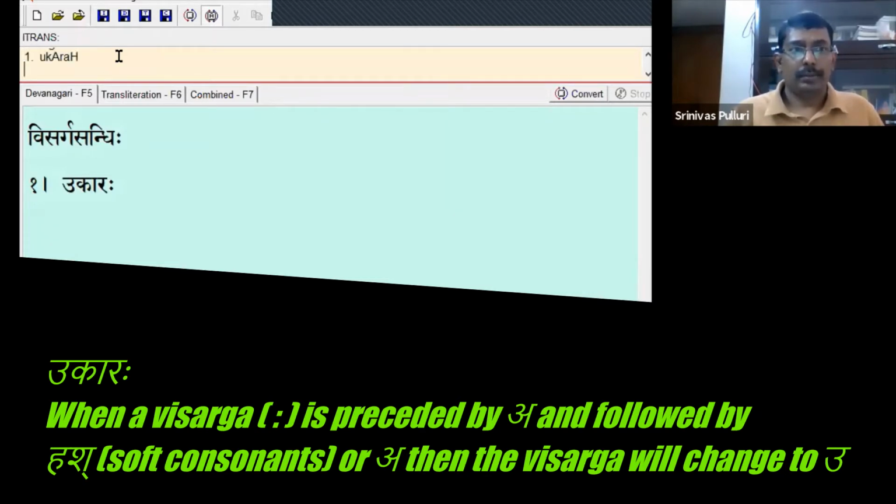What does it mean? In visarga sandhi, all the time only visargas are there. If a visarga is preceded by a and is followed by a soft consonant, you should know what the soft consonants are, or a, either soft consonants or a, then the visarga is changed into ukāraḥ.